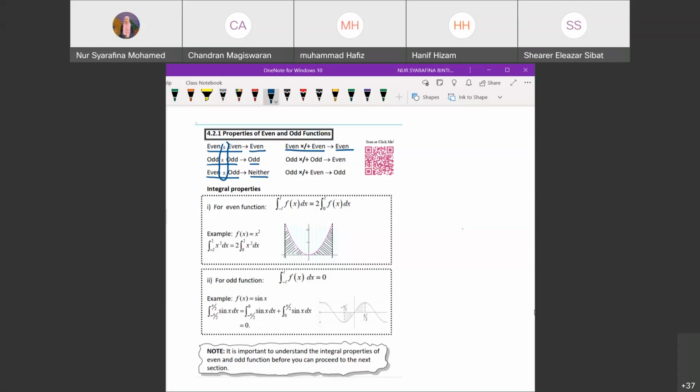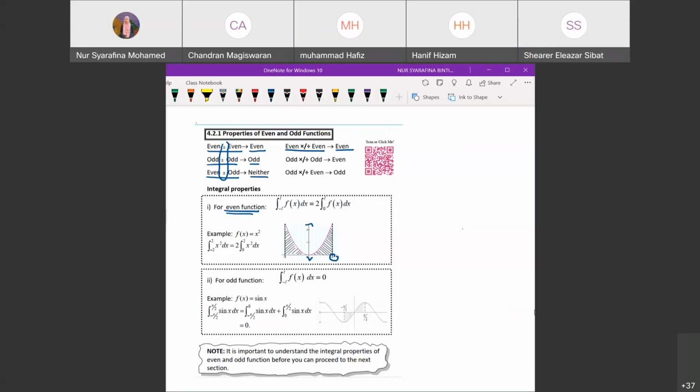And in terms of integral properties, when you have an even function, you know that it is symmetric about the y-axis. When you integrate from -L to L, it will give you 2 times the integral from 0 to L of f(x) dx.